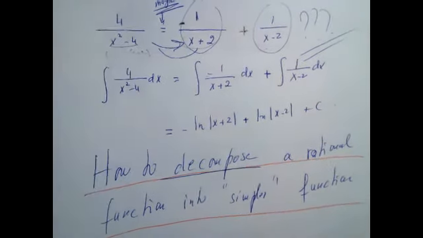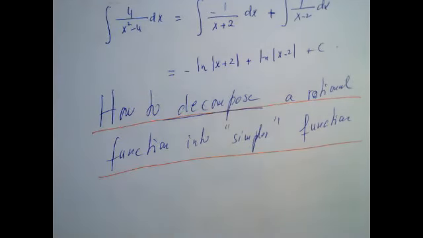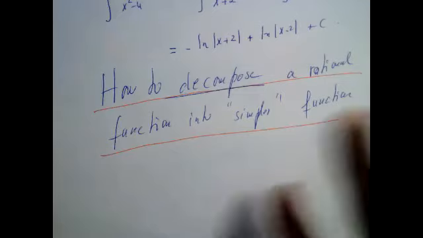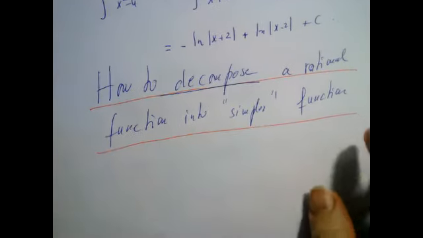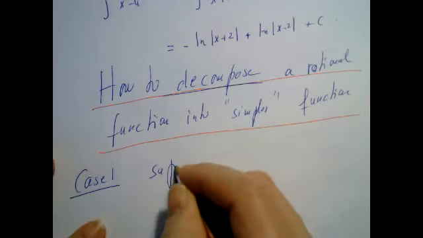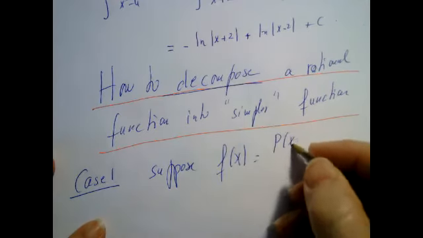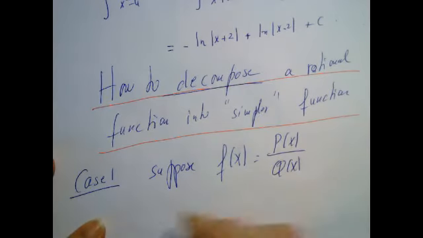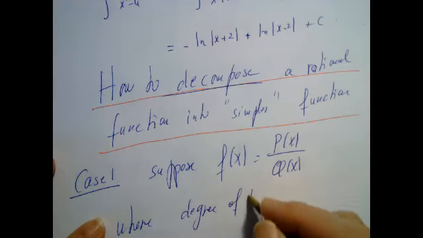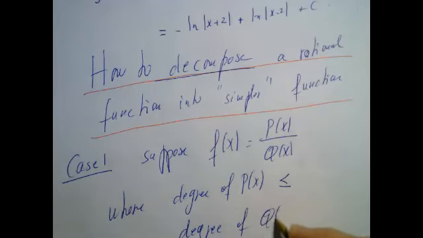There will be a lot of cases. How to decompose is going to have a lot of cases. We're going to start with the first big case, and then another small case. So case one: suppose I have a function f of x equal p over q, that's my rational function, where the degree of the numerator is less than the degree of the denominator.